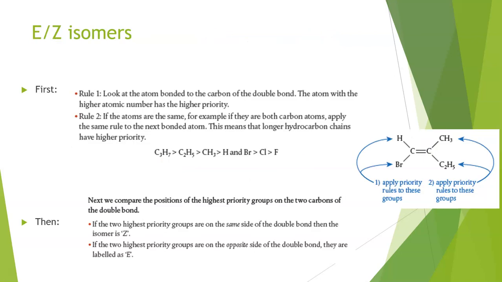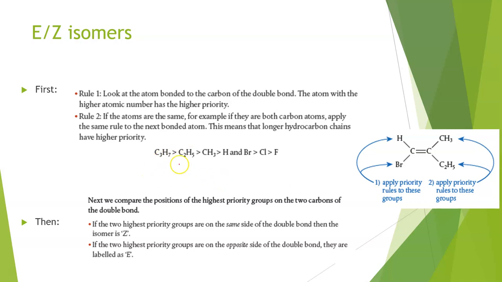So when we look at rules for this, the first rule is look at the atom bonded to the carbon of the double bond. The atom with the higher atomic number has the higher priority. If they have the same atomic number, i.e. they're both carbon atoms, then you move out to the next atom. So longer hydrocarbon chains are going to have a higher priority.